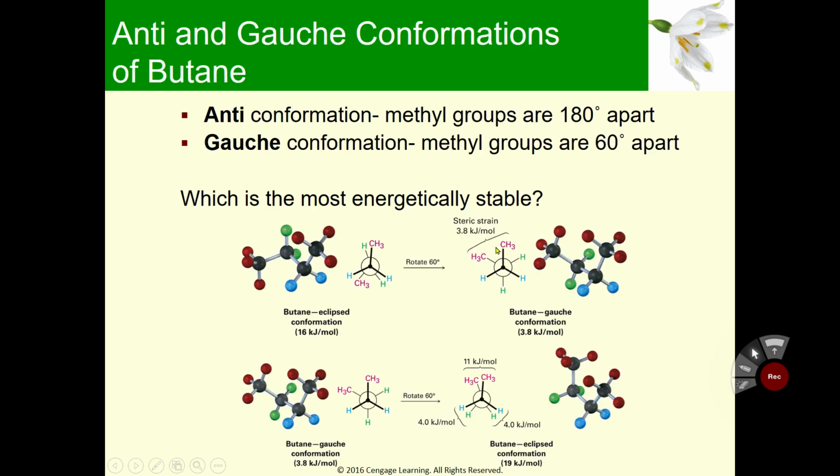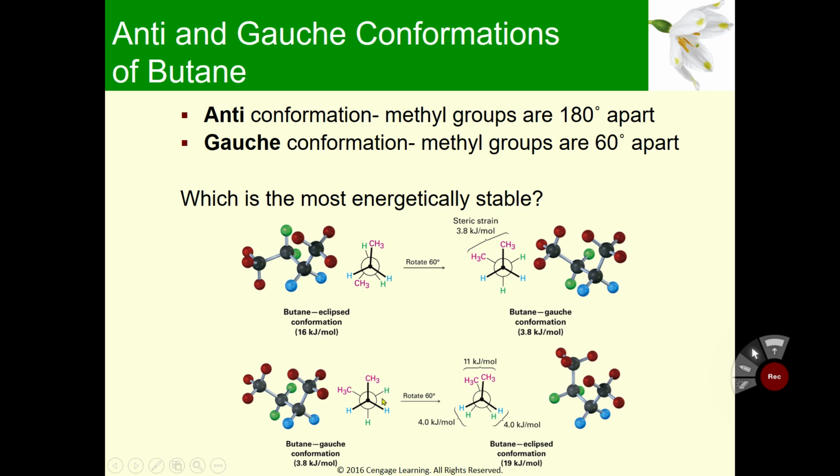But here they are a little bit closer. So there is an energy increase due to colliding of these two CH3 groups, and the energy is about 3.8. Okay, 3.8. You have to remember it, right?